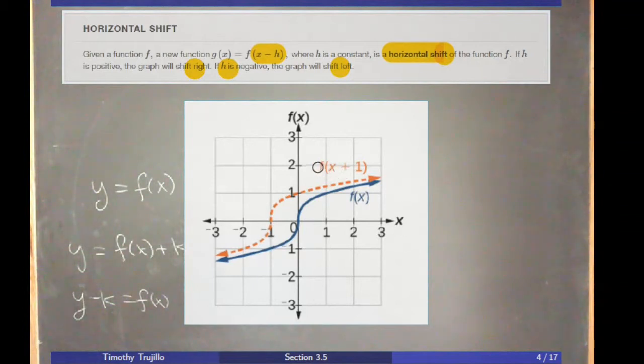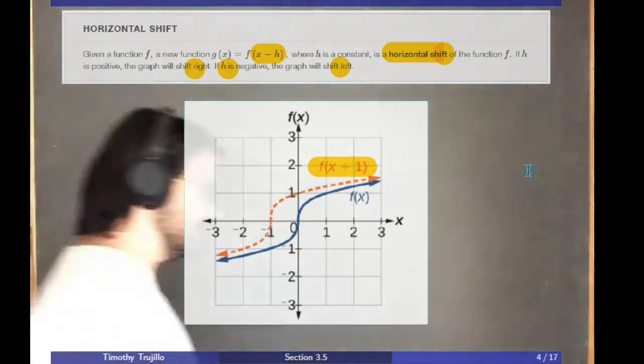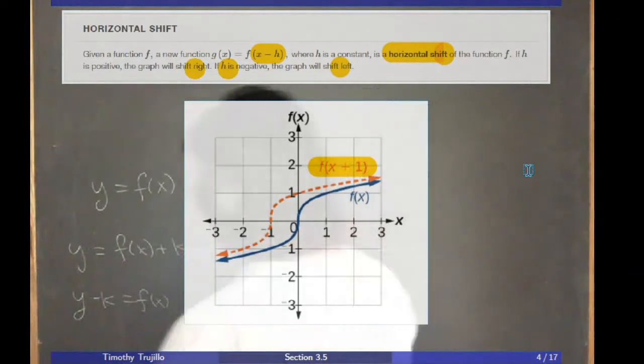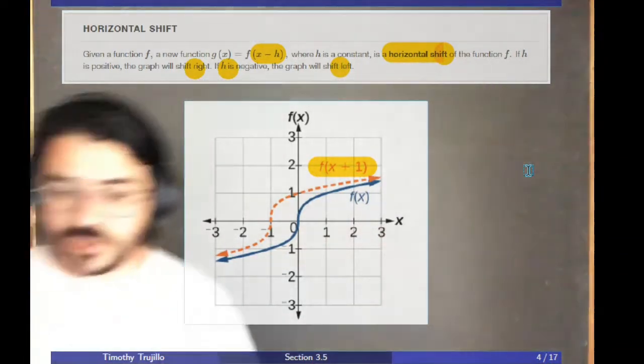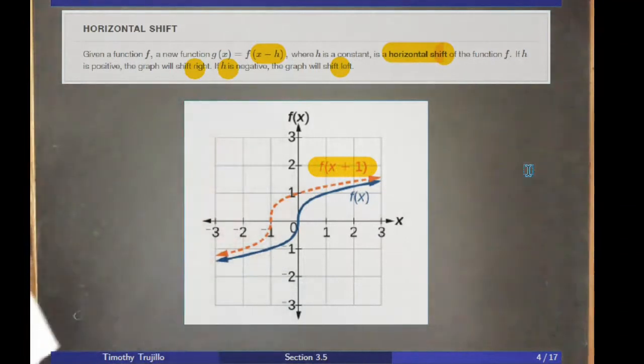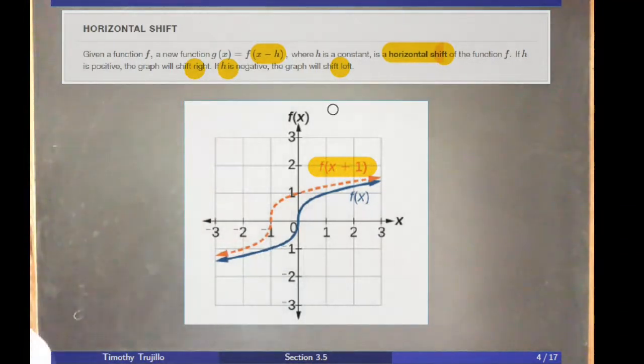Because a lot of the times you'll be given an expression that looks like this: f of x plus 1. And the natural inclination for a lot of students here is that it's going to shift to the right because we're adding plus 1. But that's wrong. In fact, what we're really doing is we're subtracting negative 1, right? And if we're following this template up here, that's what's going on.